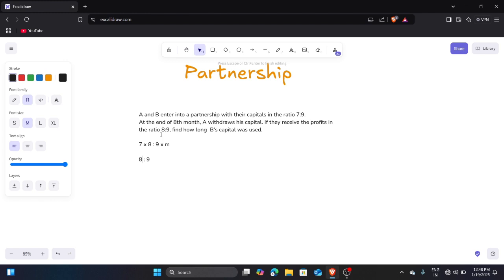Now you can see that if this 7 into 8, and here also should be something same, something we want to do so that the ratio could be this after changing, like after multiplying some months. So 7 into 8 is 56.